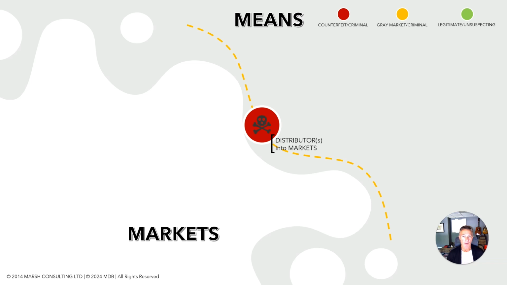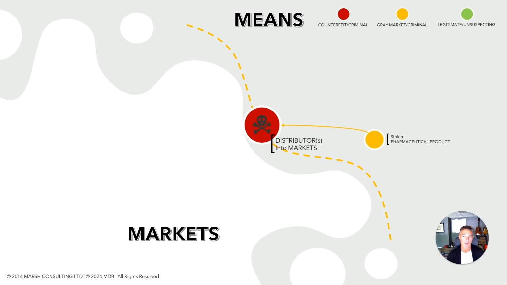In the center is our main actor or actors. It's typically not just one entity that's distributing fake products into a market, but it's much easier to just illustrate it that way for the sake of the diagram. One of the primary or easily employed methods of a distributor of counterfeit products is to obtain stolen pharmaceutical product. This is stolen finished goods.